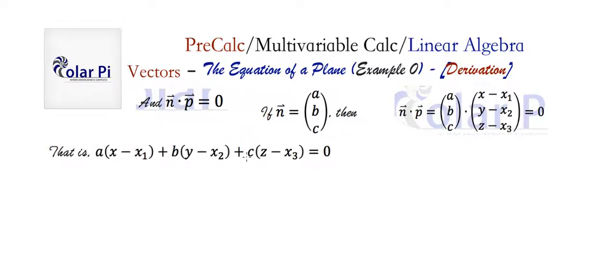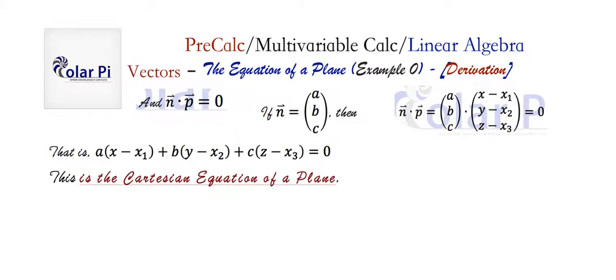And so that means we have to have this. Basically, this dot product right here set to equal 0 will give us this here. And this is what we call the Cartesian equation of a plane.